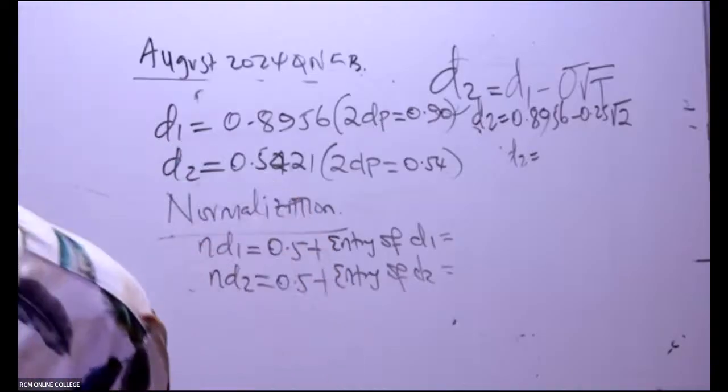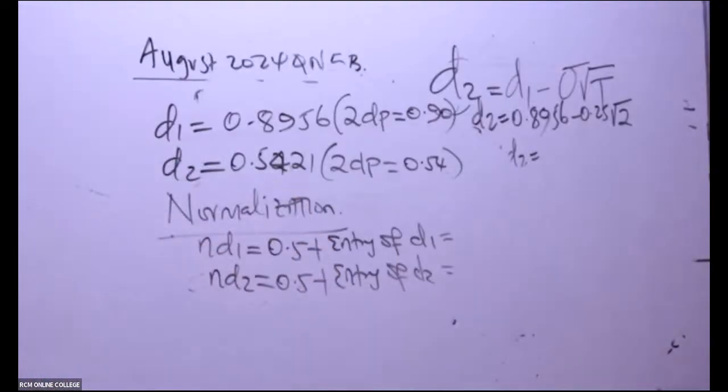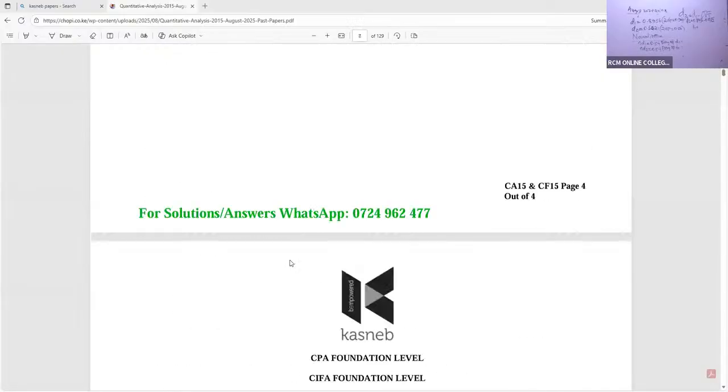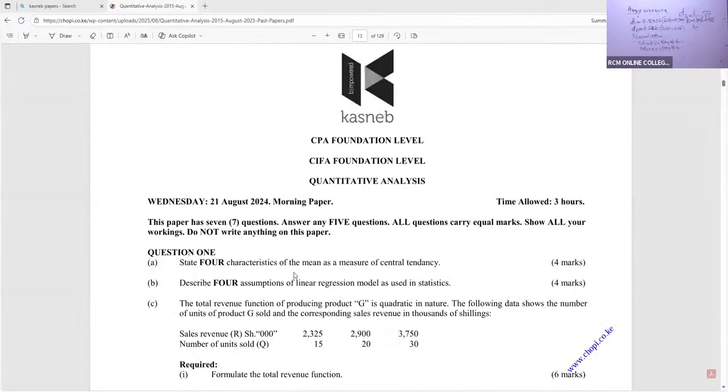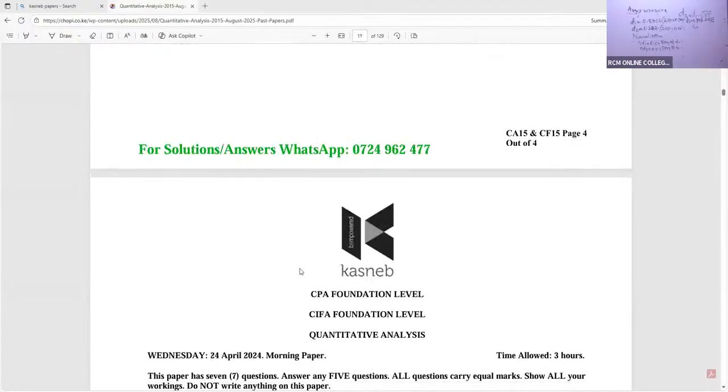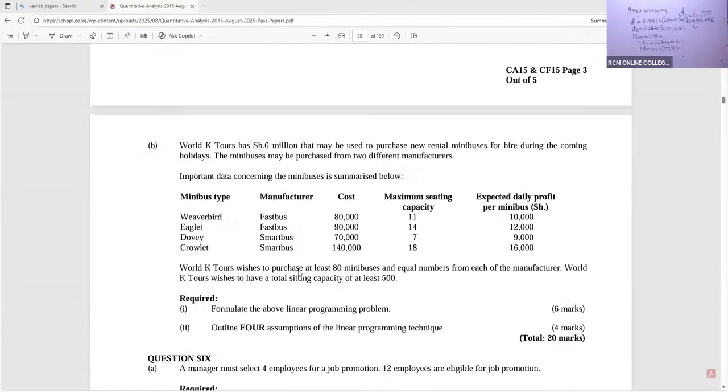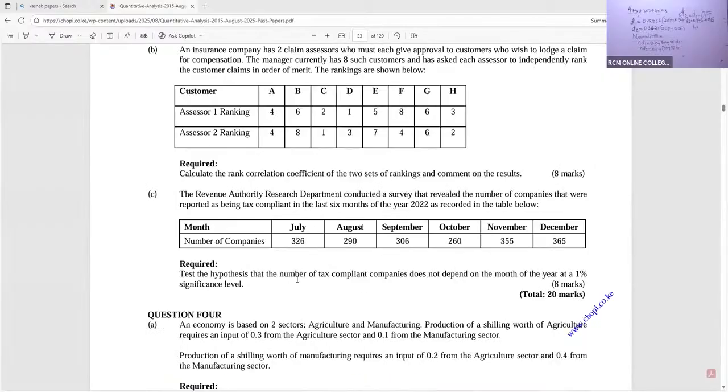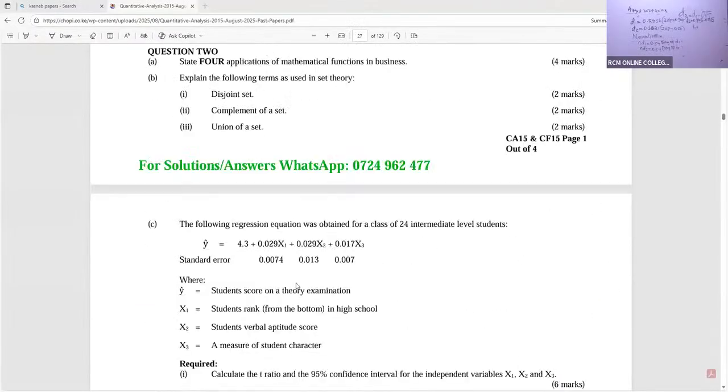All right. So then I'm trying to get my normal table. The normal table that I have here is very interesting. It's on the QA paper. Get used to it.